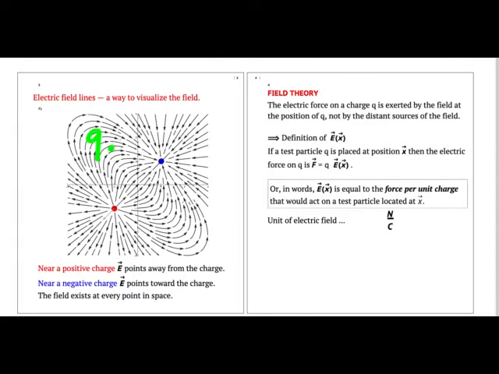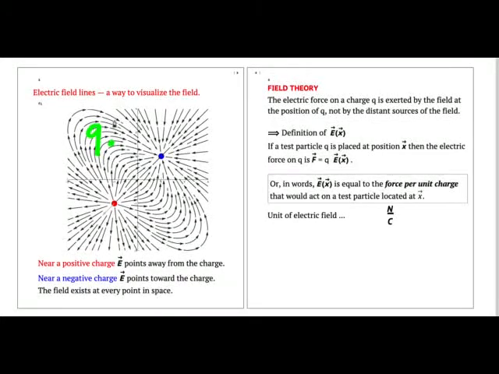The field lines are curves which are everywhere tangent to the electric field. So if we put a test charge at this point, it'll experience a force in this direction.